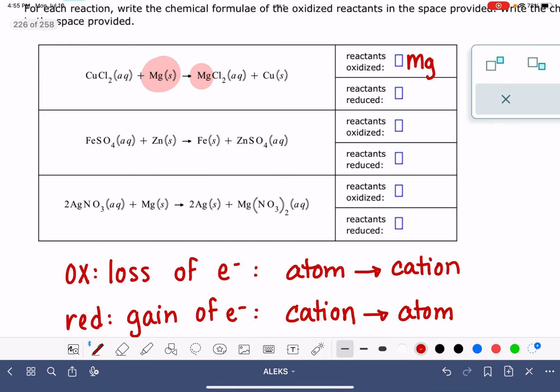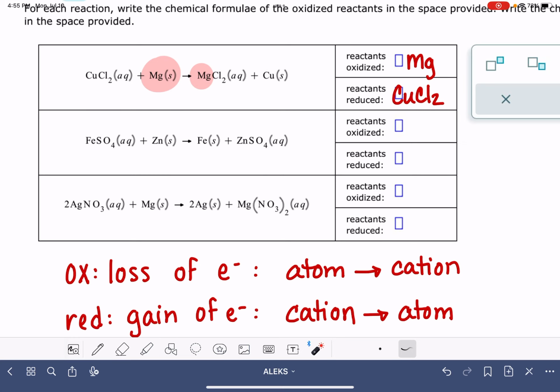Now, what about the reactant that's being reduced? Well, first of all, the other reactant is always the one that is being reduced. In any oxidation reduction problem, one reactant is oxidized, the other reactant is reduced. So you really only need to find one of them, and then you automatically know the other. You're never going to have a situation where both are oxidized or both are reduced.